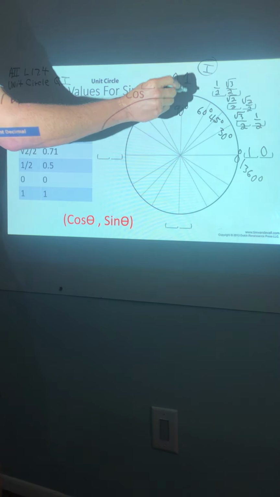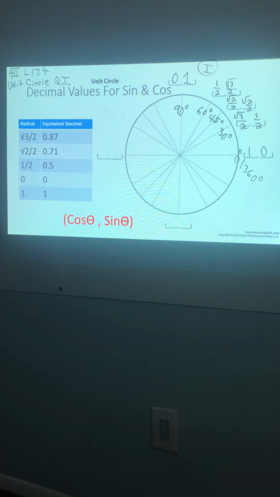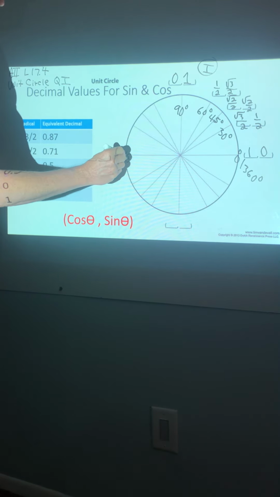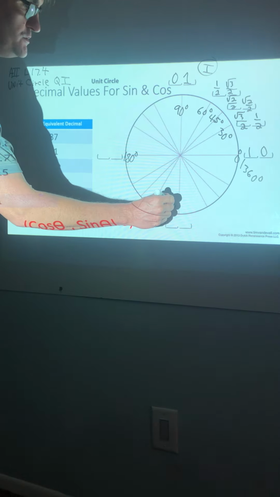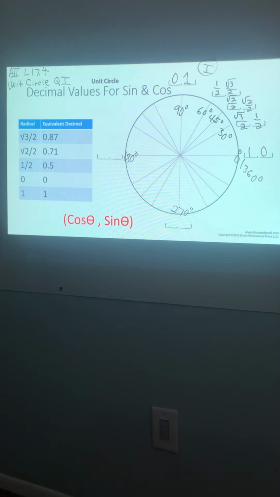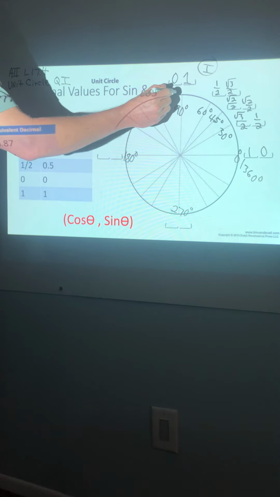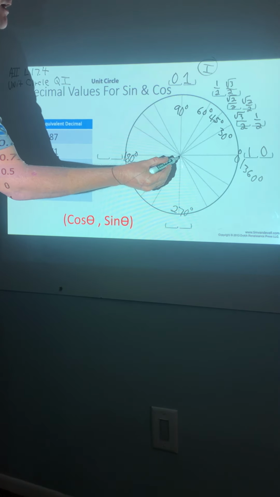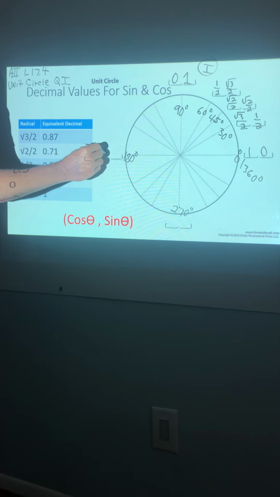All right, all these values are going to be very similar over there. Now I just want to finish the important ones, the ones that you see all the time. This is 180. This one's 270. Wait, what's that? Oh my God, excellent. You knew this is graph paper, and if it's 1, 0 this way, if I go this way to 180, it's -1, 0.